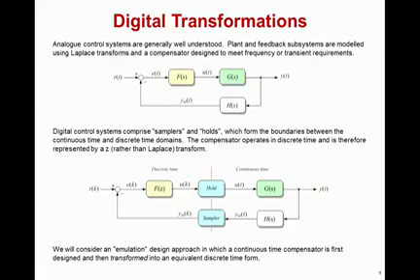Since this is a discrete time representation, we want to be sure that we use the Z transform rather than a Laplace transform, as you can see designated by the F of Z on the left-hand side of the discrete time graph.